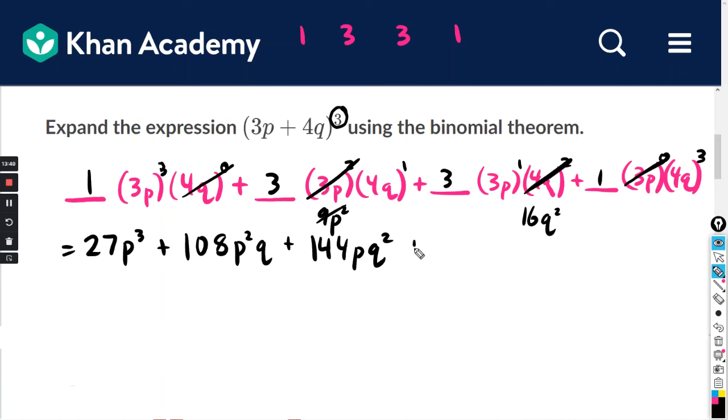And then finally, this is 1 times 4q to the third. 4 to the third is 64, and we have q to the third. So that's the answer.